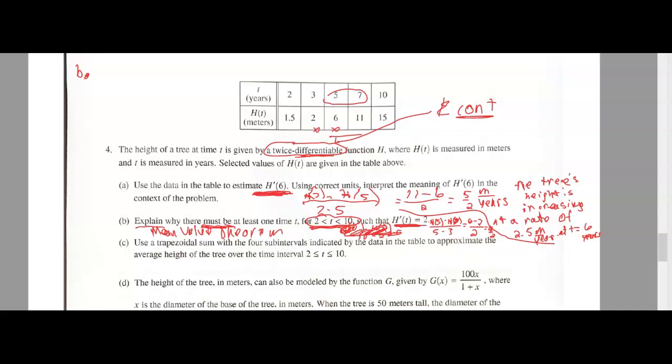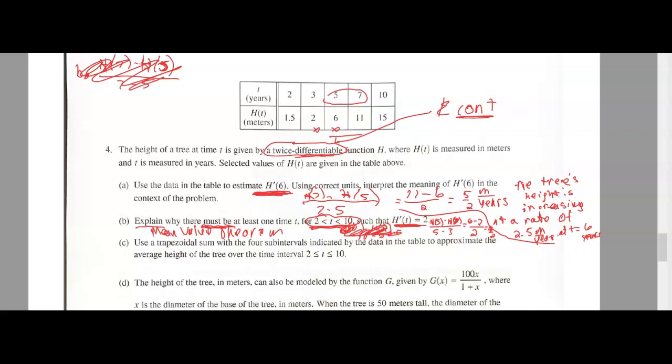Here's what we used. Let me try this one more time. We would have done H of 7 minus H of 5, all divided by 7 minus 5. That's where I'm getting... No, I'm correct. Never mind. I just said that. We're good.